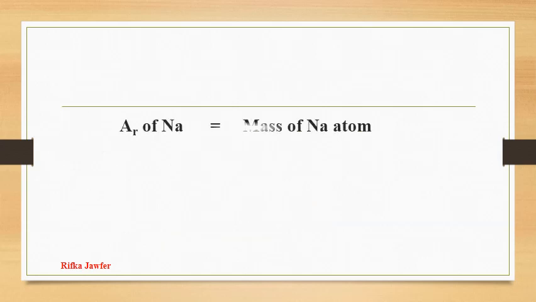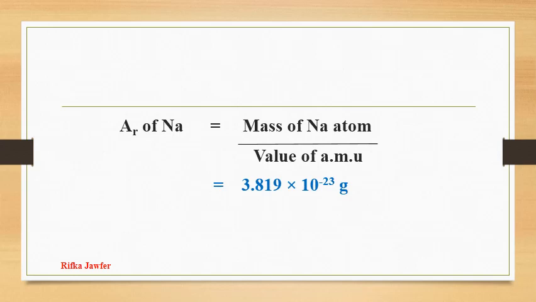We can go for another method as well. Relative atomic mass of sodium is equal to mass of sodium atom divided by value of atomic mass unit, which we have already calculated. So that would be equal to 3.819 into 10 to the power minus 23 grams divided by 1.66 into 10 to the power minus 24 grams.